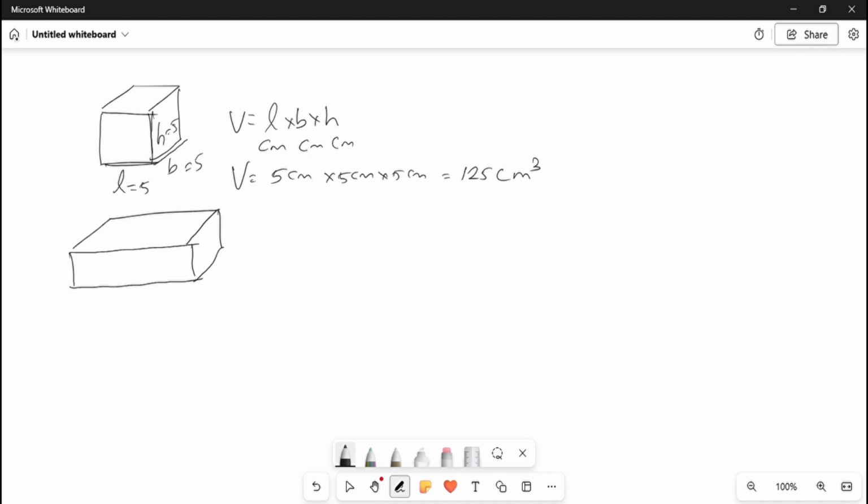For example, if it is 10, 5, and 3 centimeters, the volume is length into breadth into height. Therefore, 10 centimeter into 3 centimeter into 5 centimeter, 10 into 3, 30, 30 into 5, 150 centimeter cube.